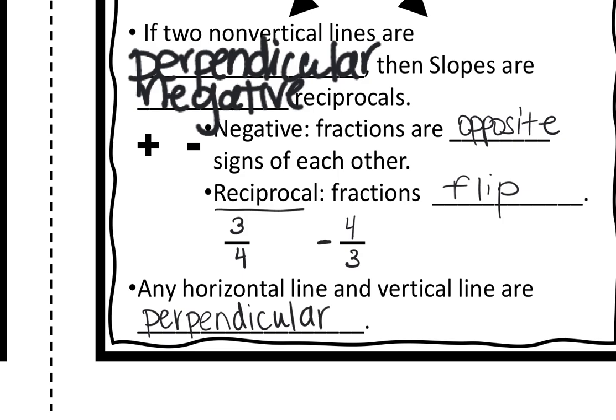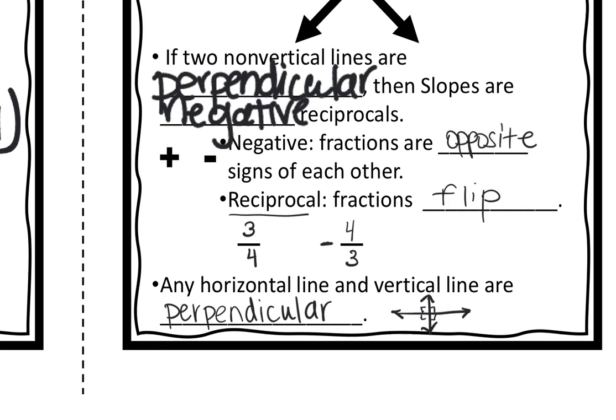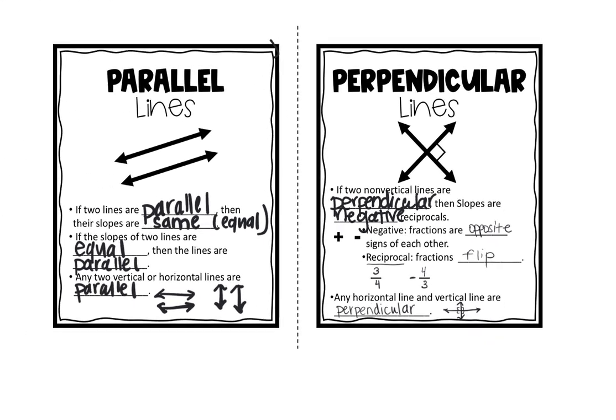If we have a vertical and a horizontal line, one that goes up and down and one straight left to right, and they're going directly through, you'll see those 90-degree boxes saying that they are perpendicular.